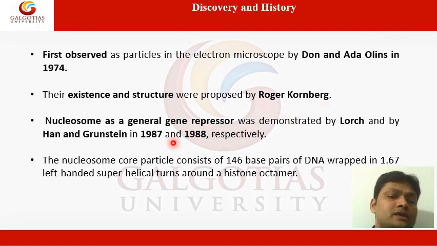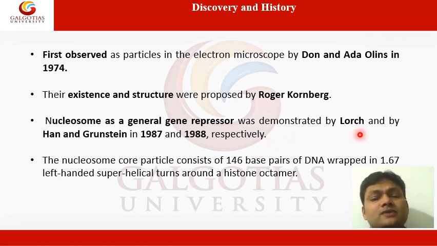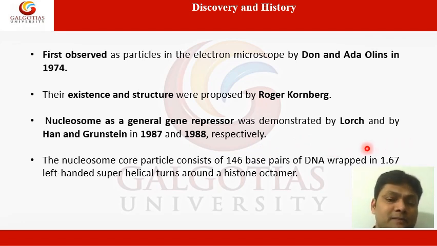The role of the nucleosomes as a general gene repressor was first demonstrated by Lorch et al. in vitro and by Han and Grunstein in vivo, in 1987 and 1988 respectively.